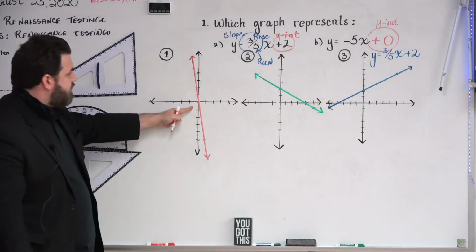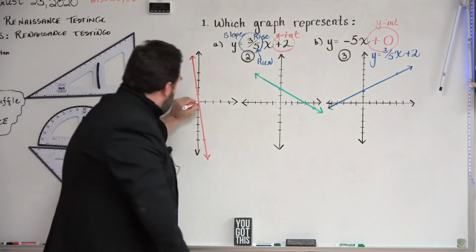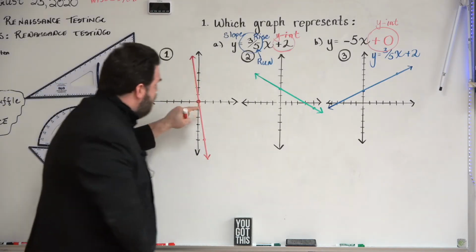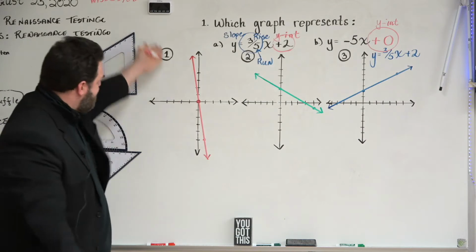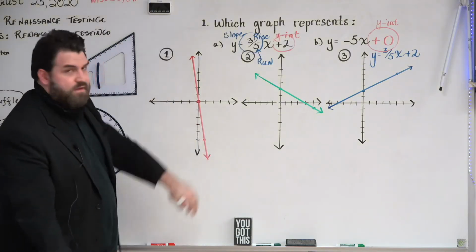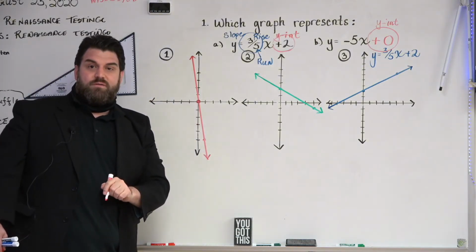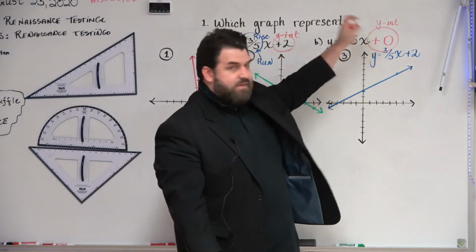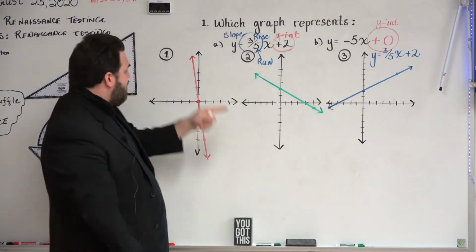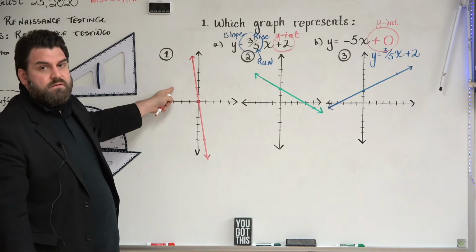So now look here at this graph. This graph crosses the y-axis right through the origin at 0, 0. So its y-intercept is 0. That's good. So we think it's graph number 1.